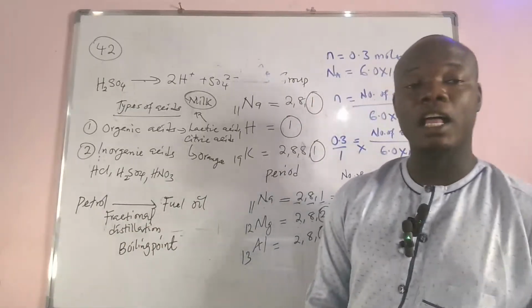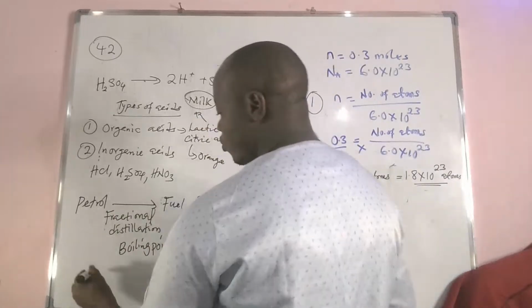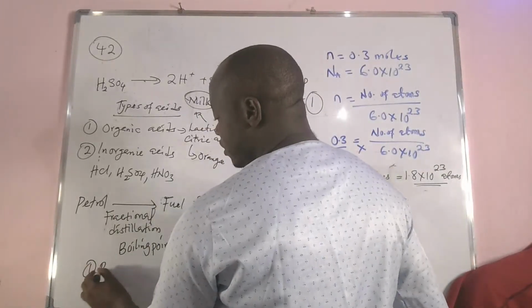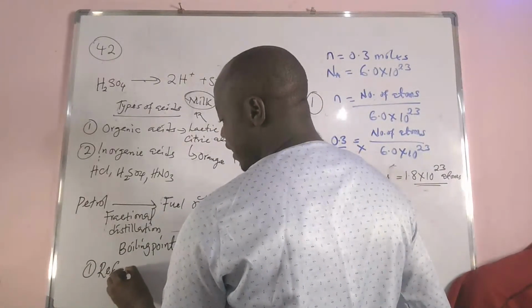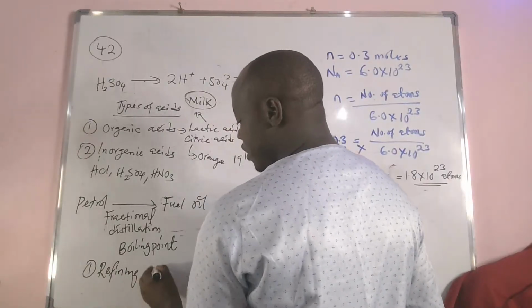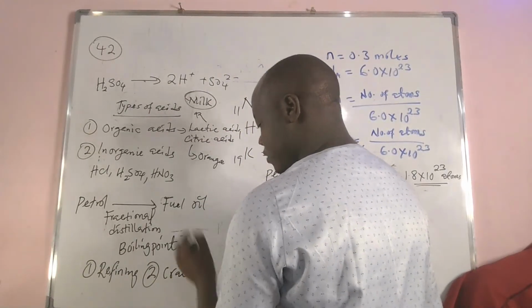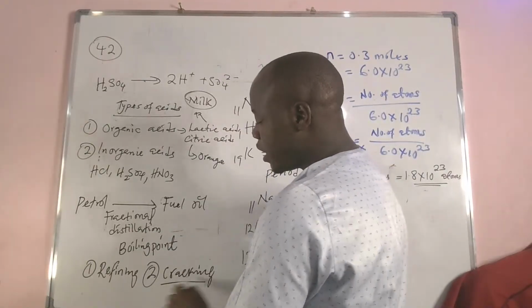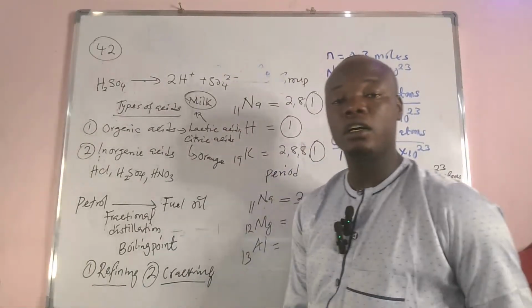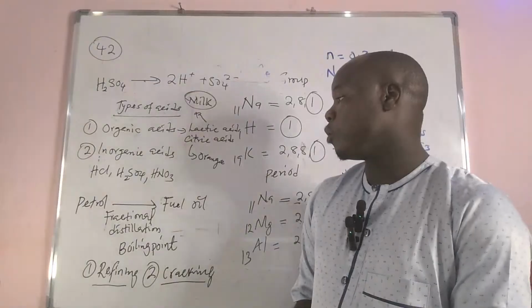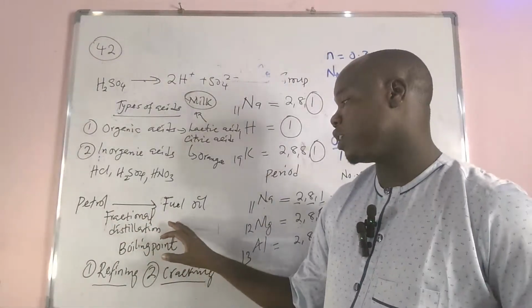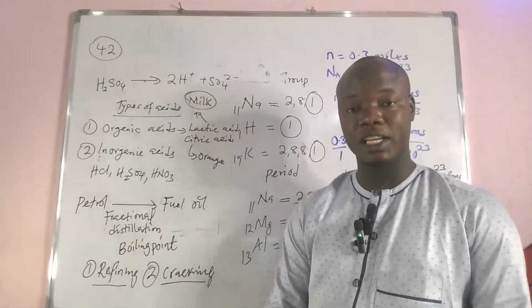And we have two other methods that can be used to further process your petrol from the crude oil. Number one, we have refining, and also cracking. So these are the two other methods that, after you obtain your petrol from the crude oil, you have to further process it.